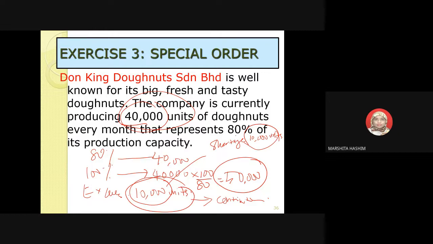That means you must let go. This volume you already earn a contribution margin of 4 ringgit 60 cent just now. So this is actually your benefit foregone, or another name is opportunity cost. You must consider the element of opportunity cost when you have shortage.